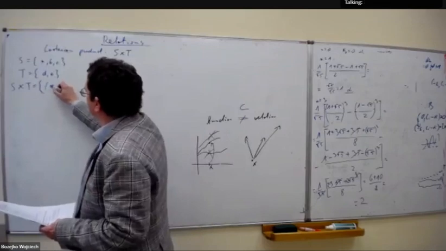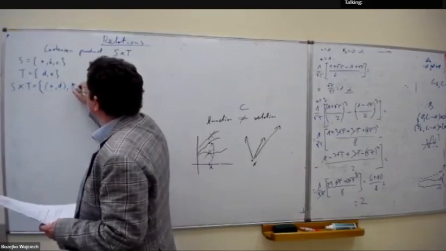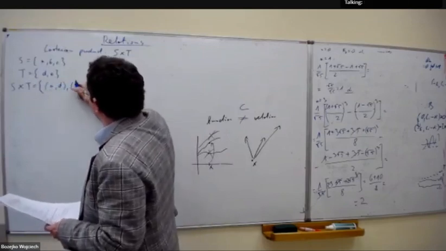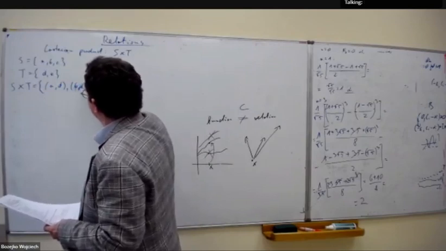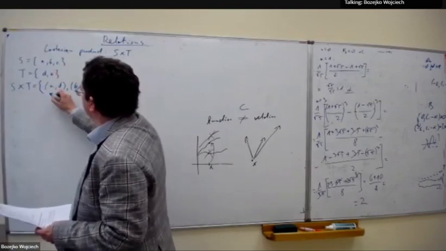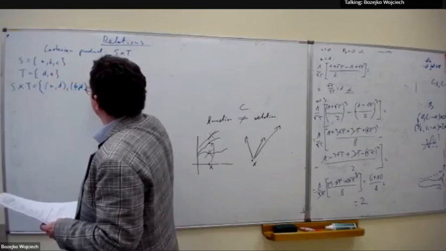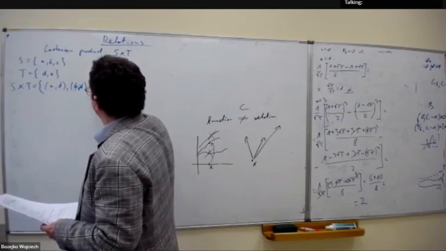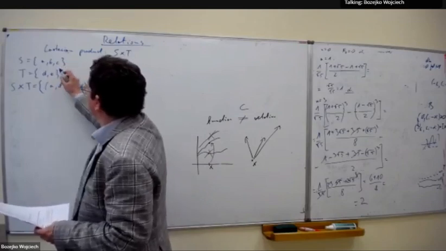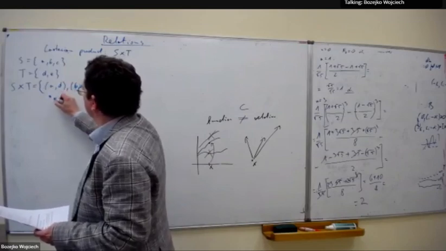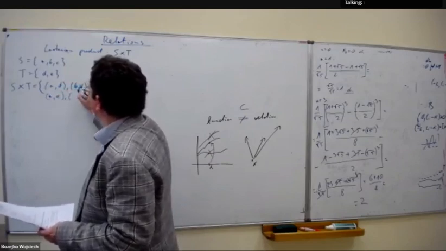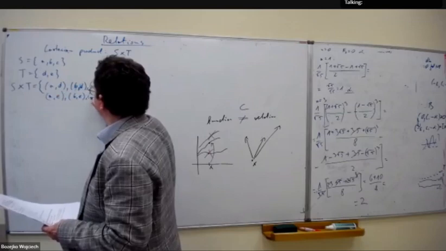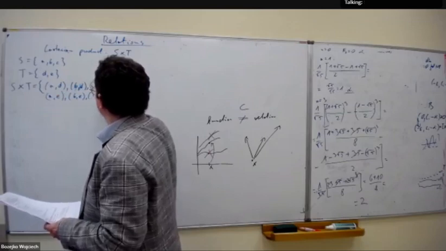So we have AD, BD, CD, next AE, BE, and CE.